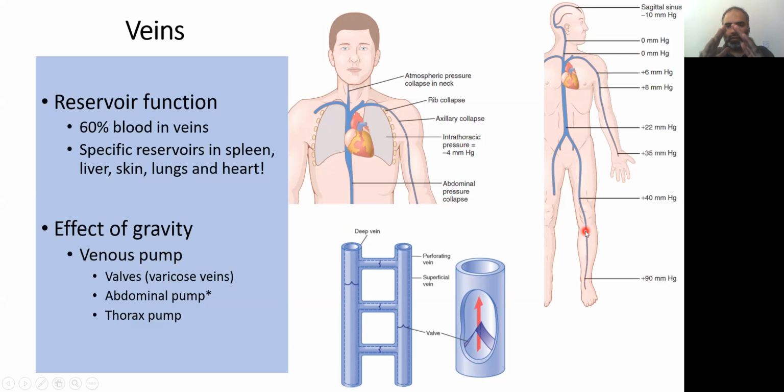I hope you can see this. Look at my hands. There are valves which open like this. So they are arranged so that they are looking towards the heart. They are not like this towards the foot. They are like this towards the heart. So if you get the blood to pass like this, the valves would open, right?